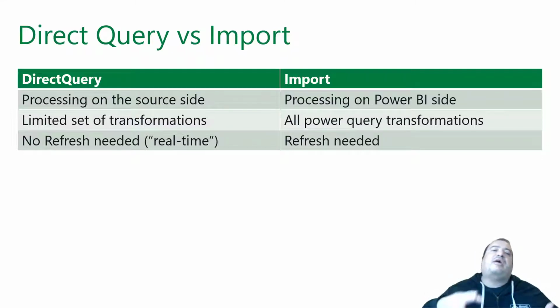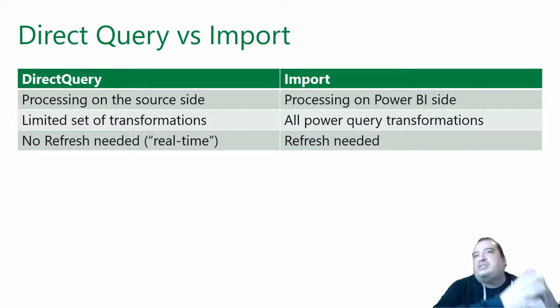Some people say that DirectQuery enables us to use real-time, but it would only be real-time if you were really creating a model directly on production. And of course you are not doing this. So this real time is in relation to the source of the data, which can be a lakehouse, a data warehouse, whatever source of the data. When the data appears on the source of the data, you have it visible in Power BI.